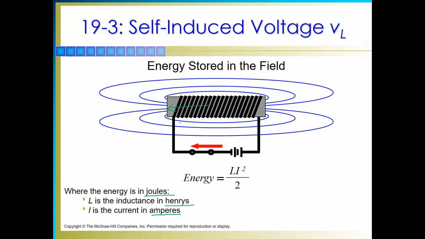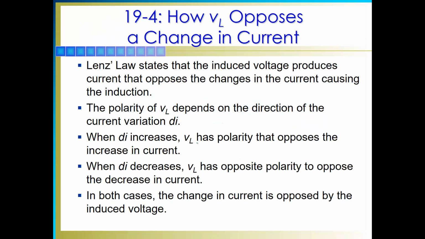If the current that you put through it increases, then it generates a magnetic field that opposes that increase. But then if you say, well, I'm going to decrease it, then it also generates a voltage that opposes that decrease. Okay? In either case, the change in current is opposed by the induced voltage.